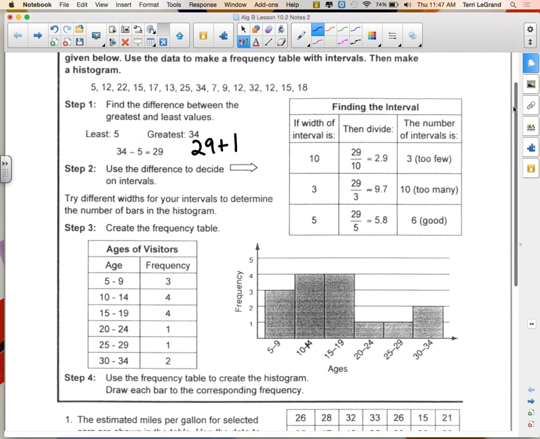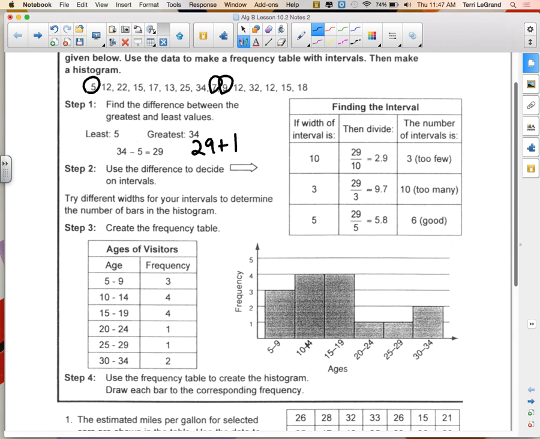They are 5, what's another one? 7, and 9. Those are the only 3 in that interval. So the frequency is 3. We're not saying they're 3 years old. We're not saying they wish they were 3 years old. We're saying there were 3 of them in that age category, in that interval. Okay?